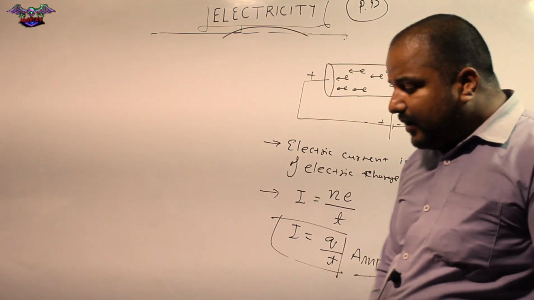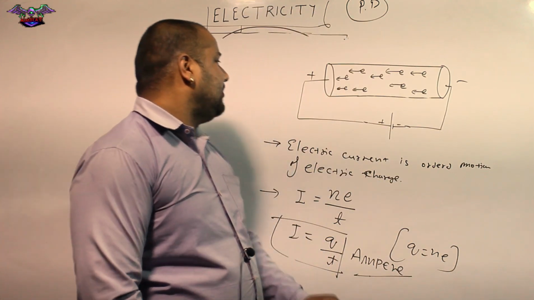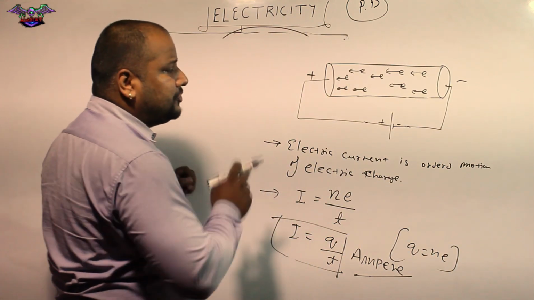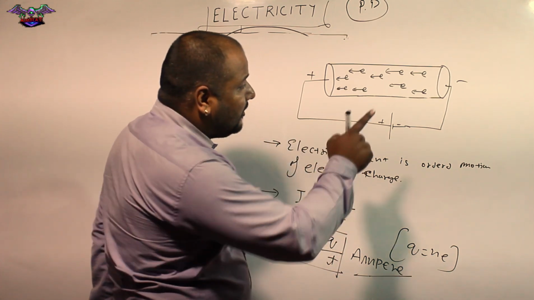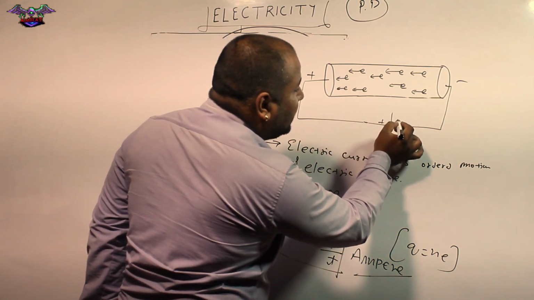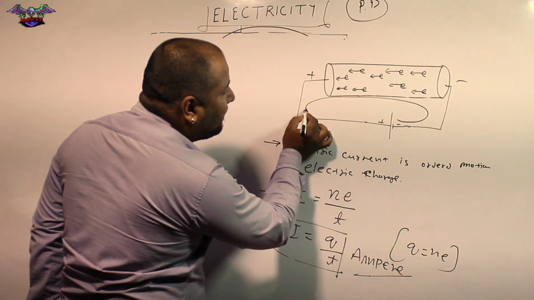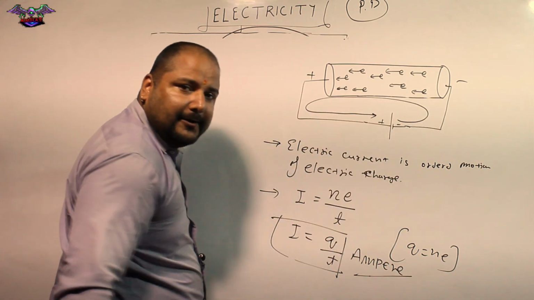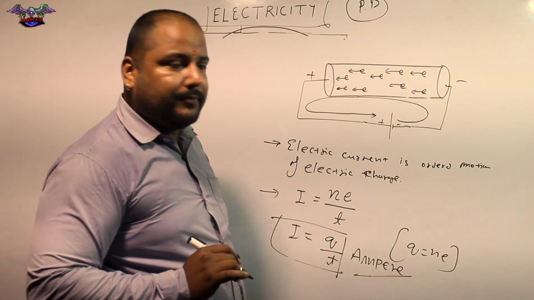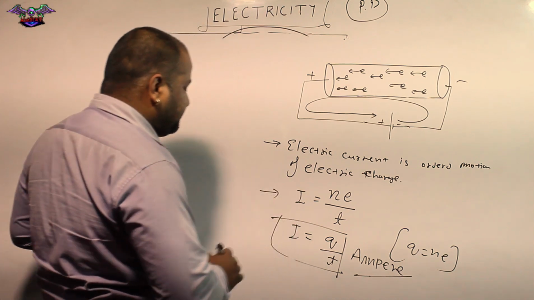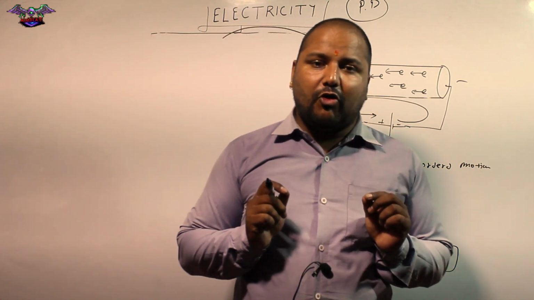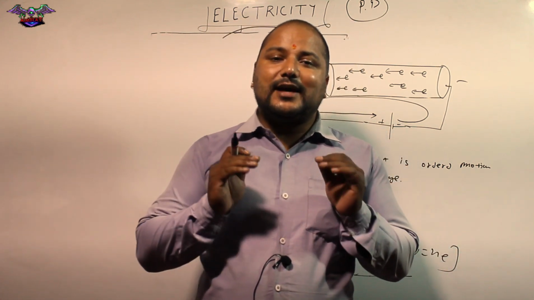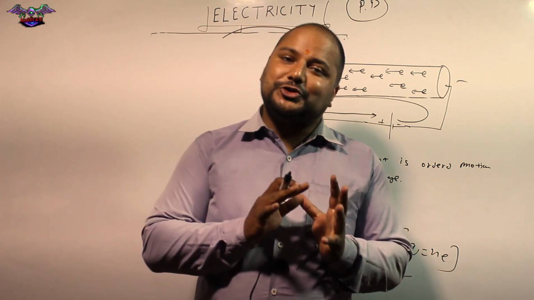Now, next point is the direction of the current. The direction of electrons is negative terminal to positive terminal here. Remember this point. Now we take a reference of current. That reference is always taken in the positive side.